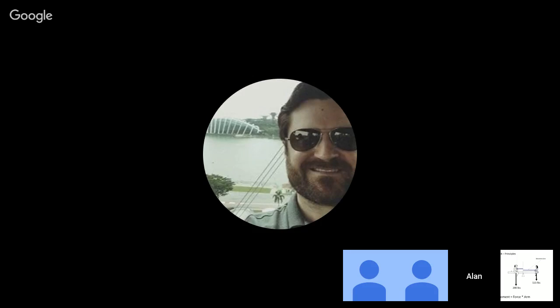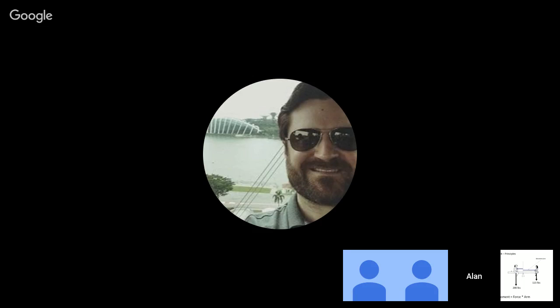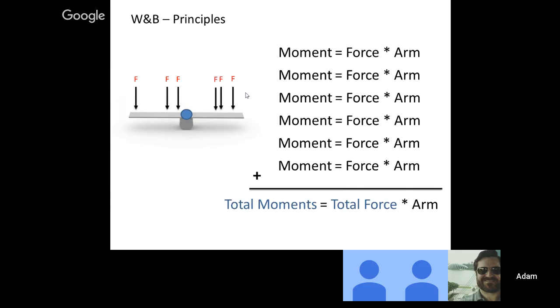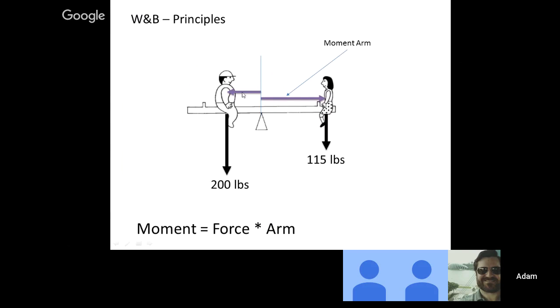Mm-hmm. So when you consider that and go through a bunch of heavy calculus, you find out that the moment equals the weight times the arm. And these actually have numbers. So if the arm for this guy was 10 inches, then the moment would be 2,000 inch-pounds.